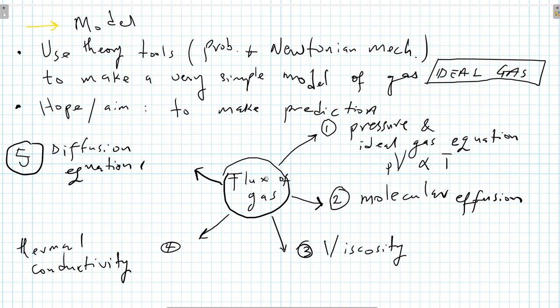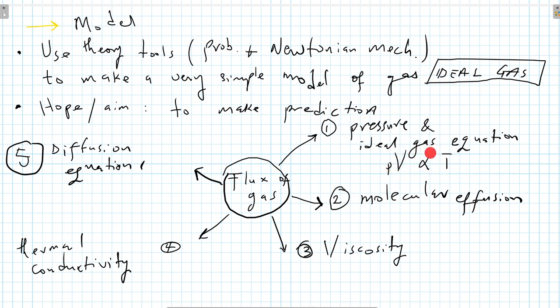The actual thing we wanted was to make a model which can explain the experimental observations: that P is directly proportional to 1 over V when temperature is constant, or V is directly proportional to T when pressure is constant.